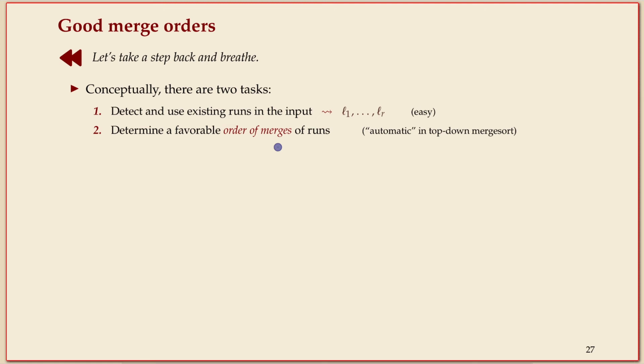Turned on its head, we want a smart way to order the merges that we have to do. And this seemed to work well in the top-down method because this splitting in half made sure that the trees never get too tall. And bottom-up doesn't have this property. So somehow we would like to get these two things. So maybe instead of working from existing methods and tweaking them a little, let's try to find a new method.